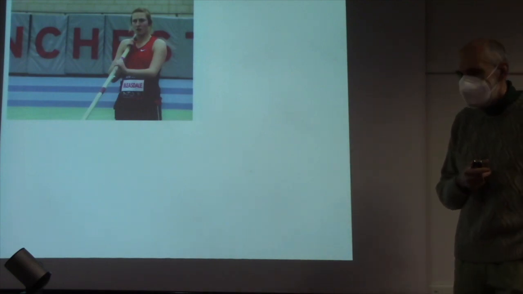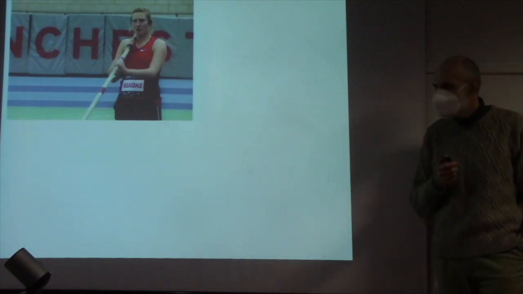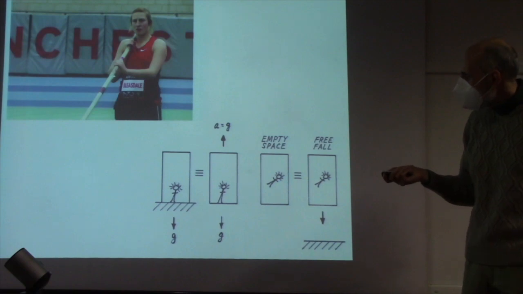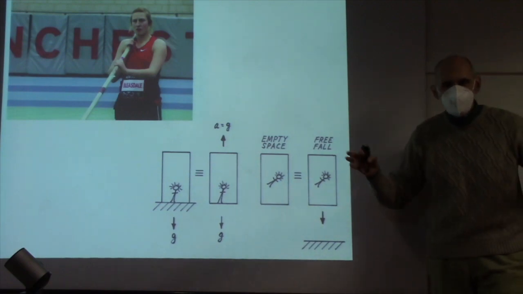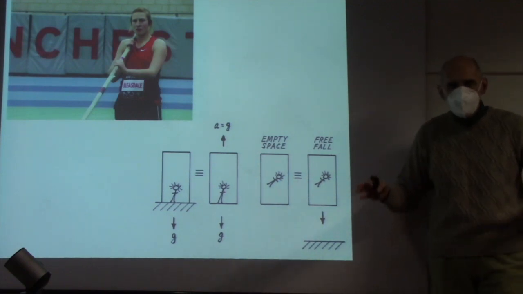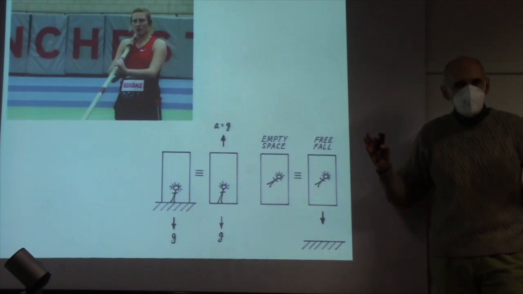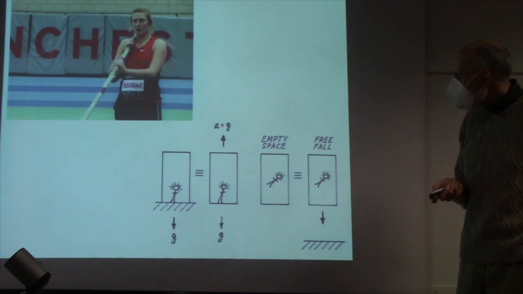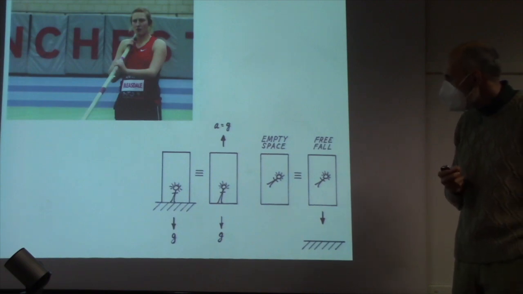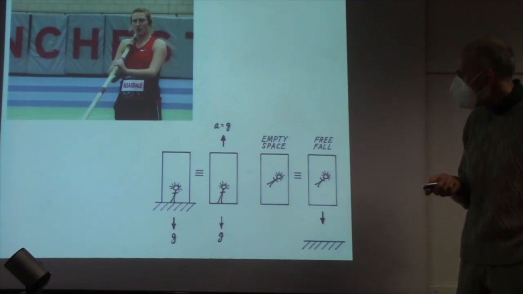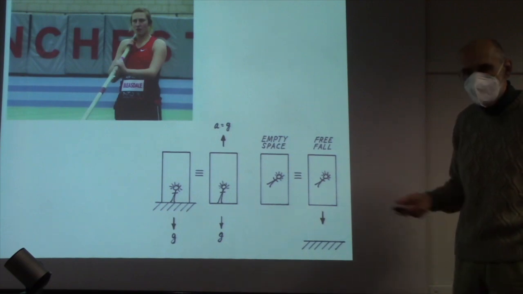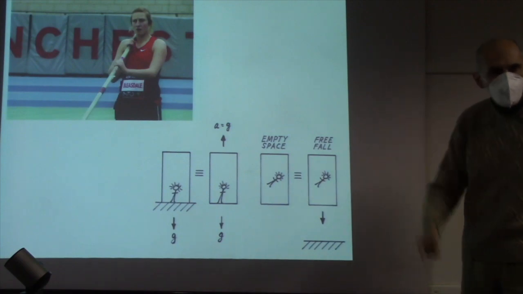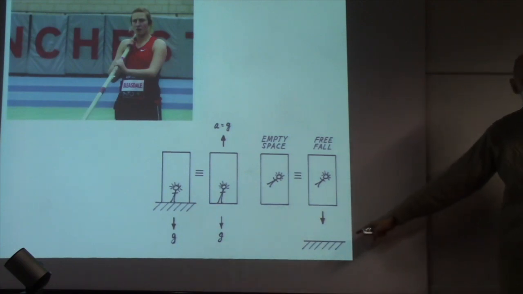He said this was the brightest idea in his life, when he realized that if you are closed in a box, say an elevator cabin, without windows, with no opportunity to look outside, you would experience the same thing whether you are in outer space, where there's no gravity, or you are free falling and you're going to crash at the ground eventually.